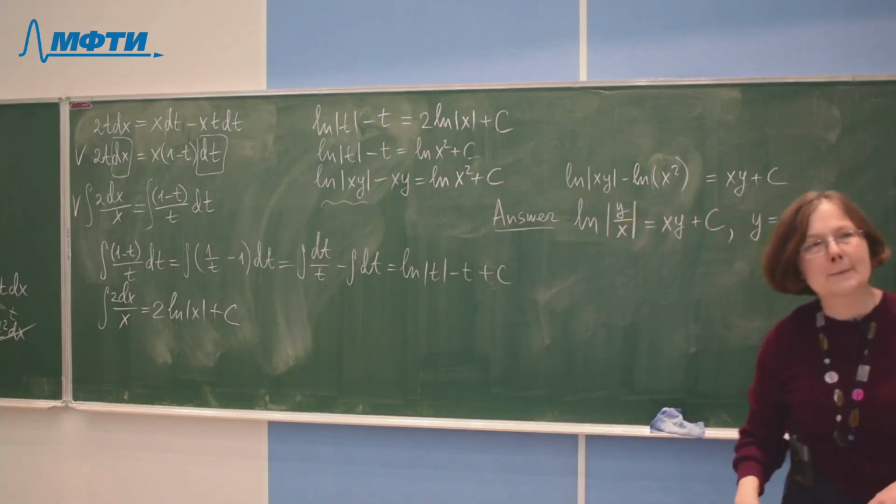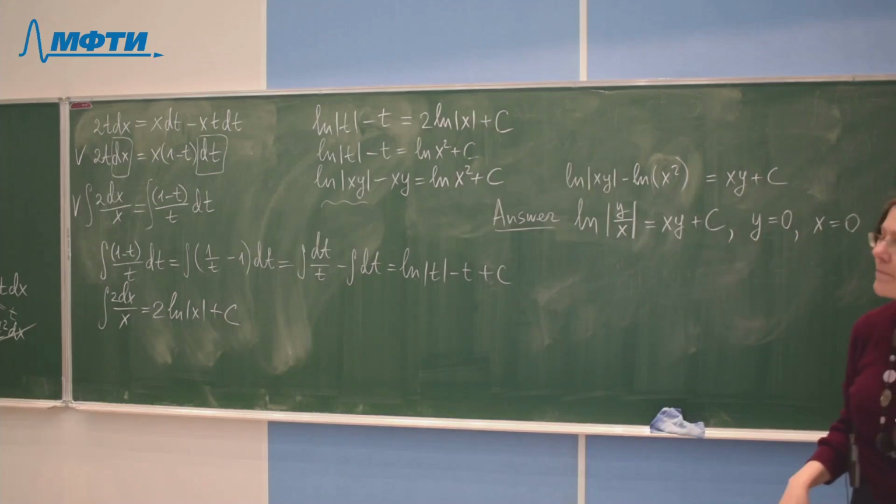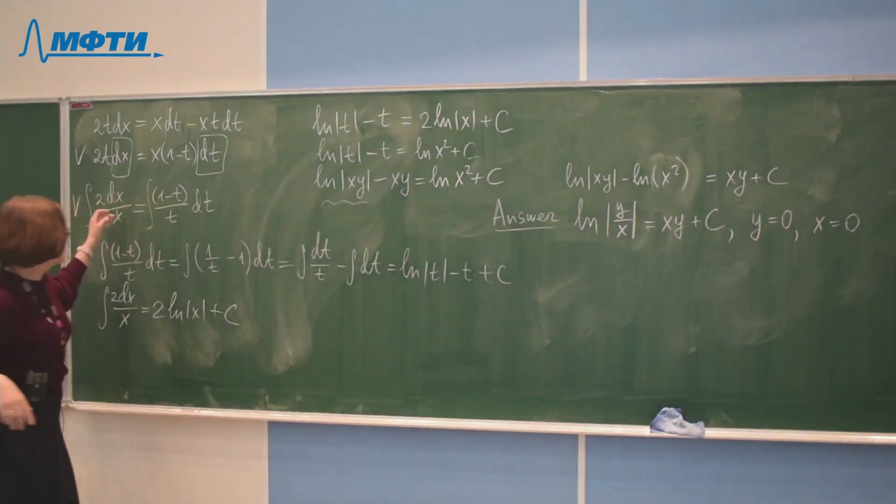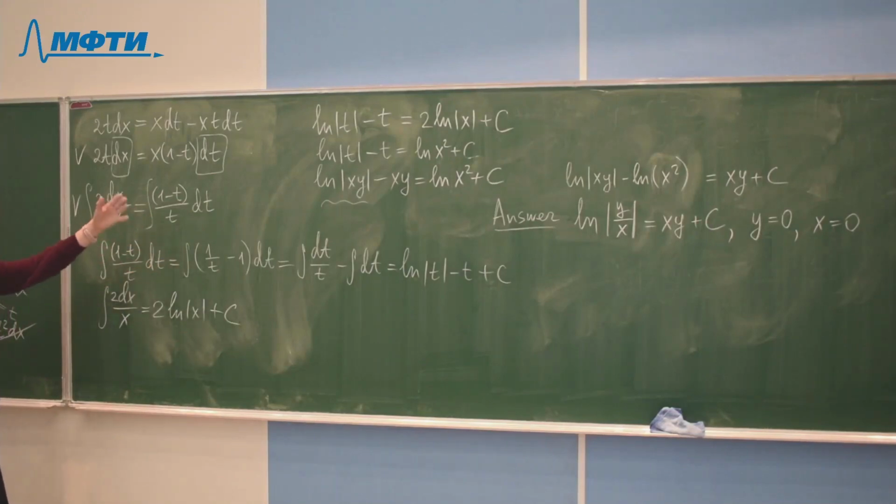But you said we can't divide by x. Okay, we have divided by x and divided by t. So we should check after this if we have lost solutions or not. The first thing to check is if we can divide by x, then substitute 0 in the original equation and see if we get the right result.